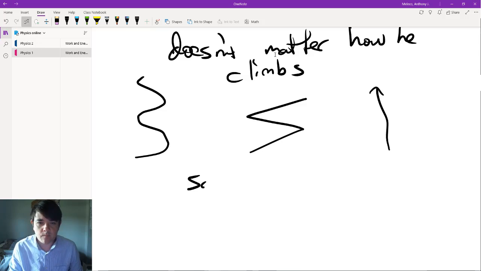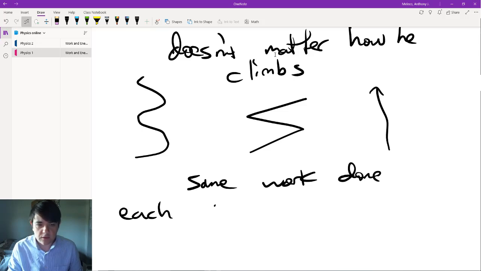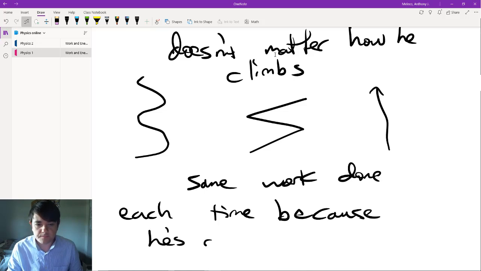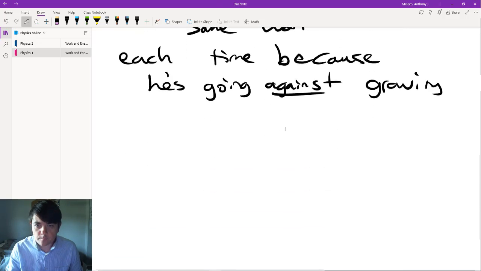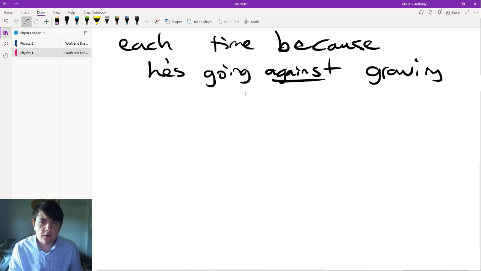It's the same work done each time because he's going against gravity, and he's using the normal force to do it.